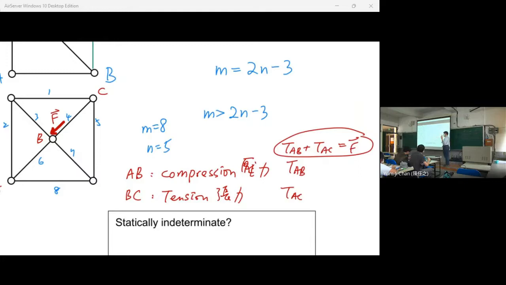So we cannot get TAB or TAC from one equation.